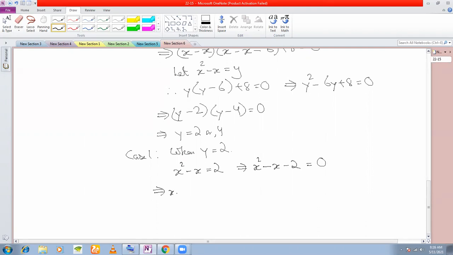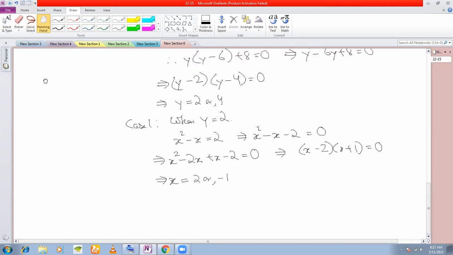So you get x square minus 2x plus x minus 2 equal to 0. Now you get x minus 2 into x plus 1 is equal to 0. So you're getting x is equal to either 2 or minus 1, for this.